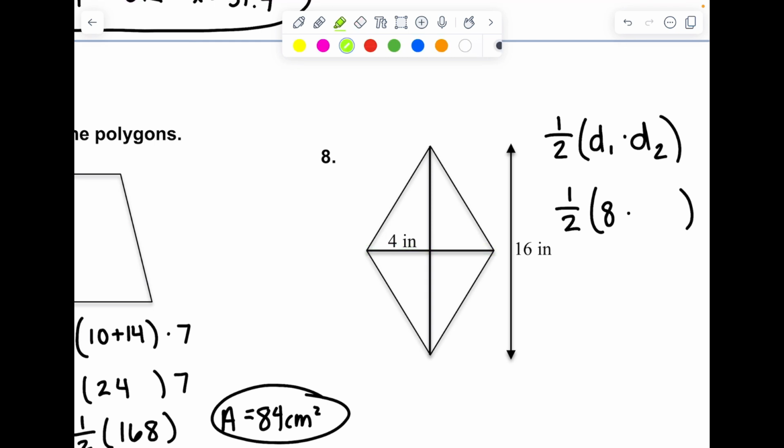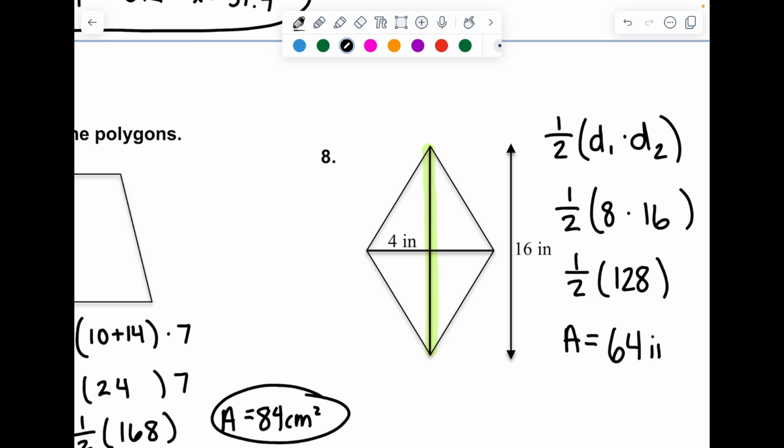And diagonal 2 is 16. That's the whole length there, 16. And then we just need to do 8 times 16, and we get 128. We just need half of that, and we get an area of 64 inches squared.